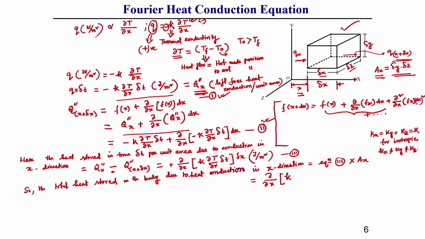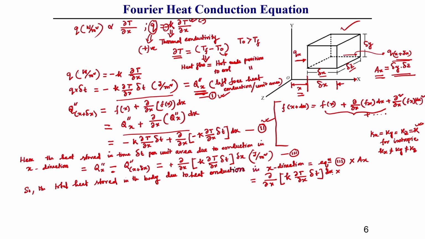Here let us consider an isotropic material, because steel, aluminum, and such metals are generally considered isotropic. That is why we consider k x equal to k y equal to k z equal to k, the thermal conductivity. You can write del T by del x, delta T into delta x, and multiply by A x.